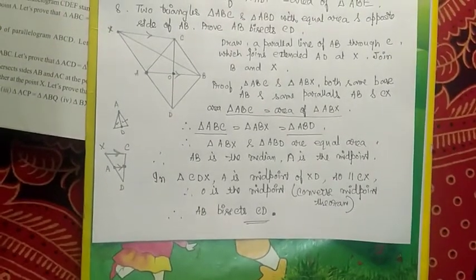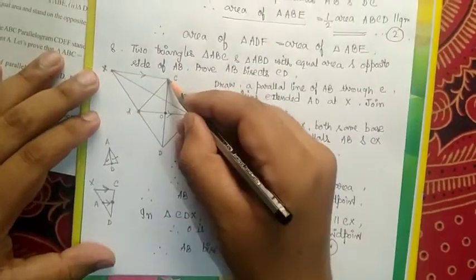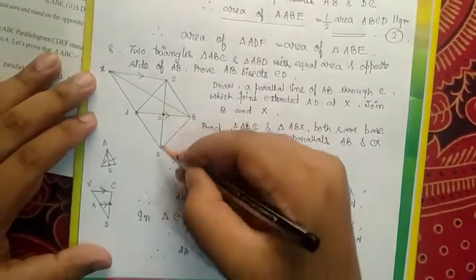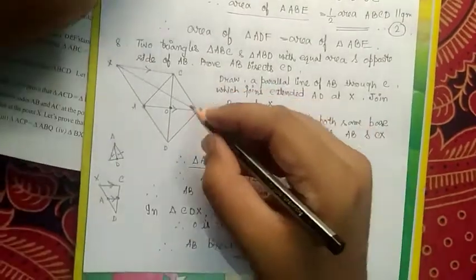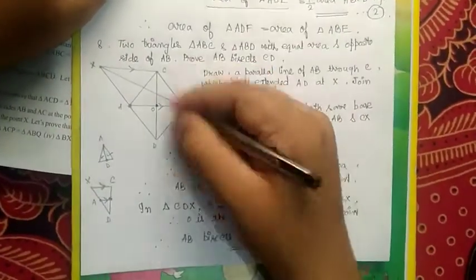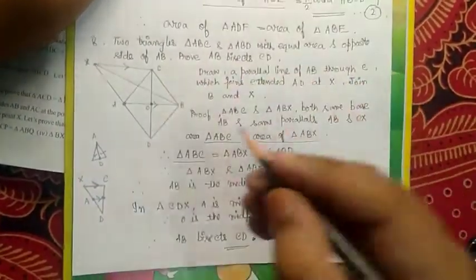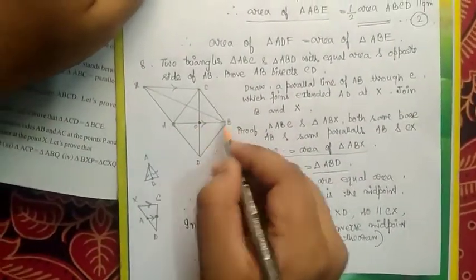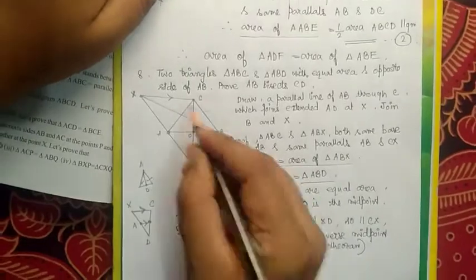I will discuss once more here. ABC is a triangle, ABD is a triangle, both are on the same base AB in opposite directions, and both are equal in area. First of all, we draw from C a line parallel to AB.